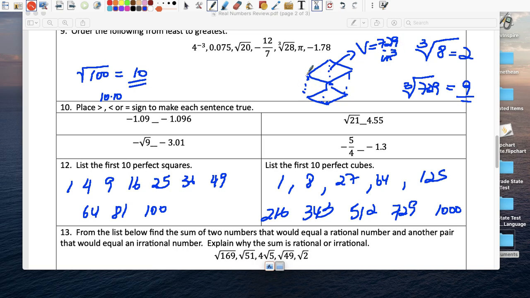It means that 729 of these little cubes that measure 1 inch on all sides were used to create it, and the length, the width, and the height are all the same. That's why it's called a perfect cube. In this case, 729 would be 9 times 9 times 9. Okay?